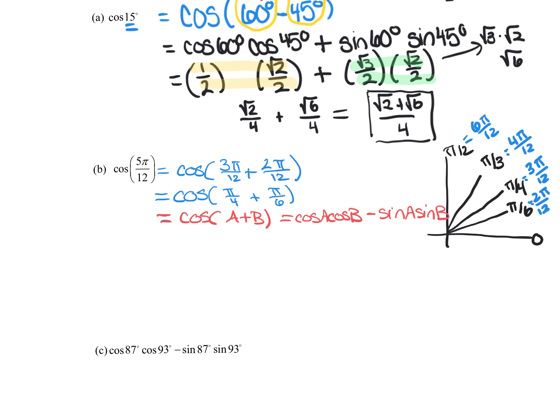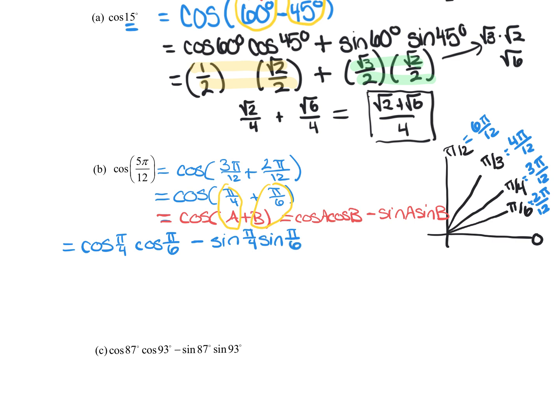So my A's are pi over 4s and my B's are pi over 6s. So this is equal to cosine of pi over 4 cosine of pi over 6 minus sine of pi over 4 sine of pi over 6.